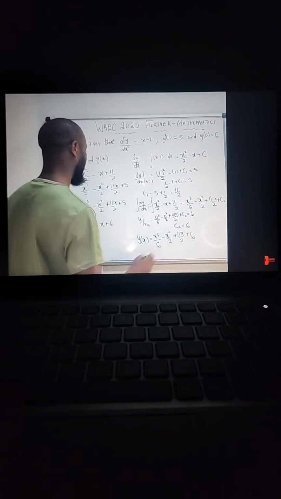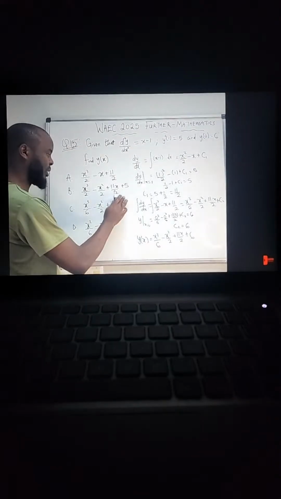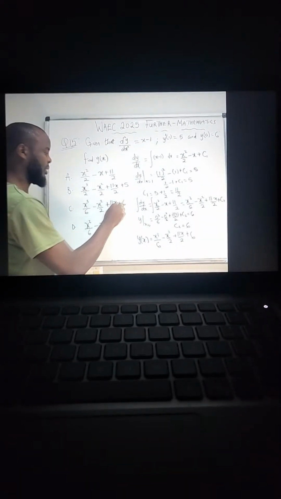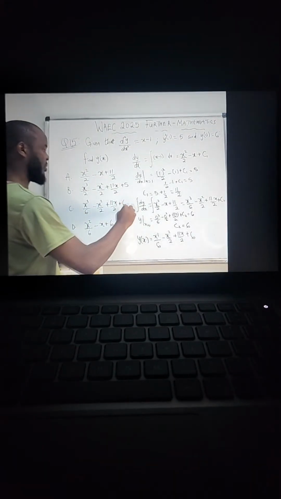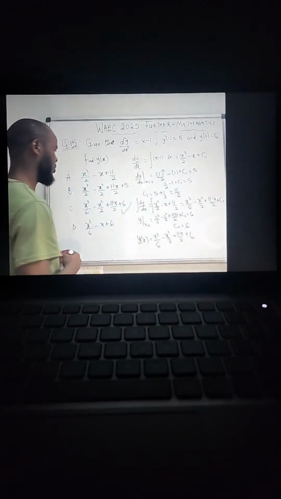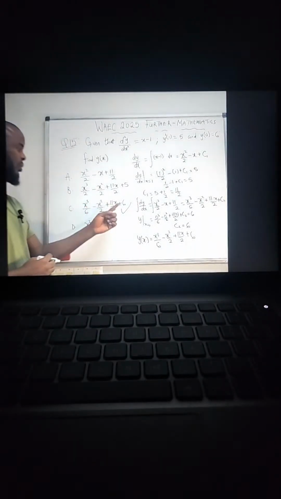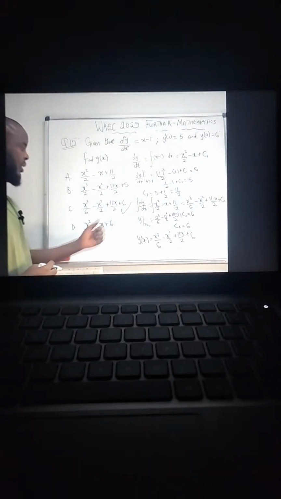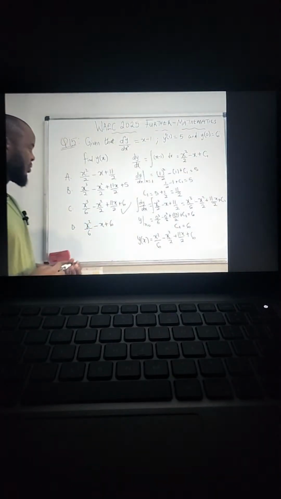Which is 6. So I think there's a mistake here from the options written. This should be 6, because this is going to be the best option to fill in this. Now, this is the answer to the problem.